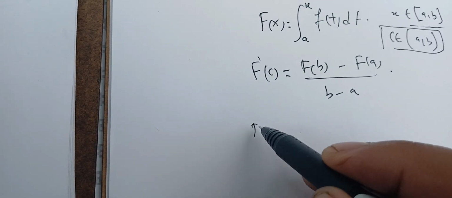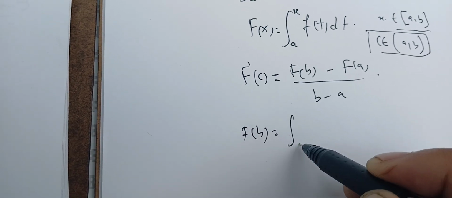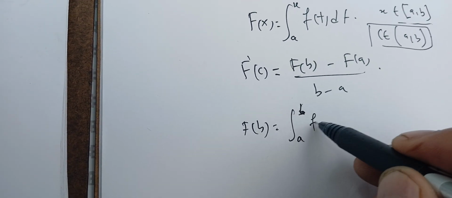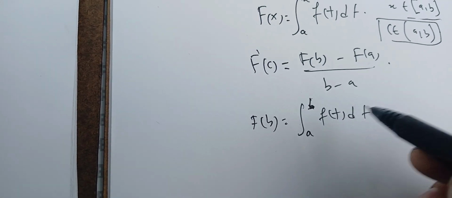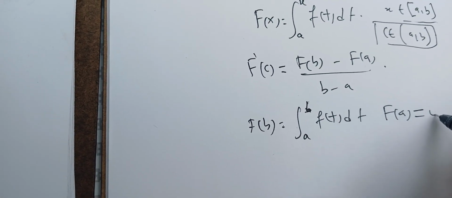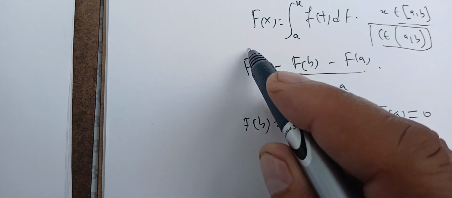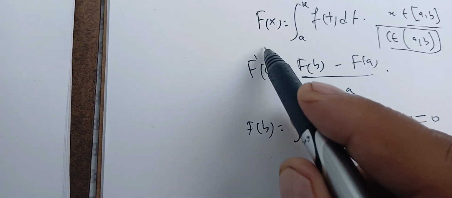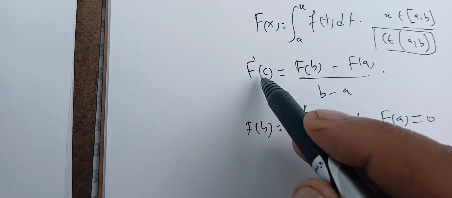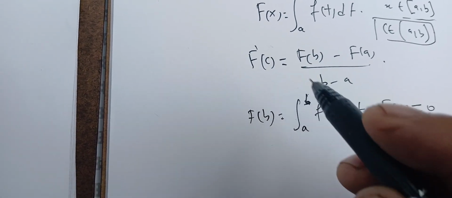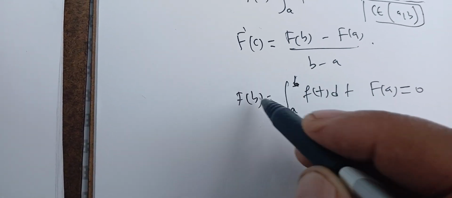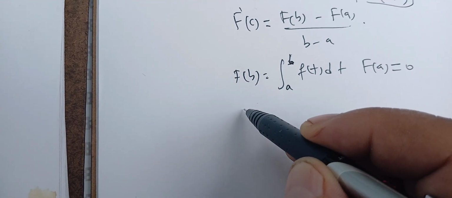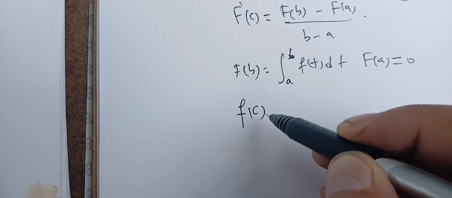F of b is the integral between a and b of f of t dt, and F of a is 0. Therefore, using the fundamental theorem of calculus, if we differentiate F, we're going to have f of c.